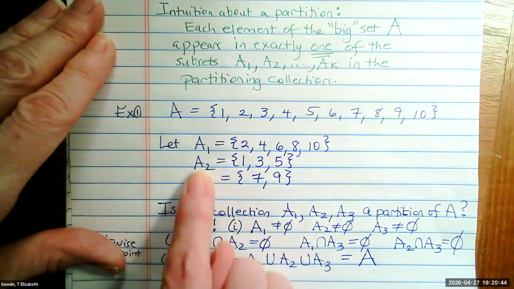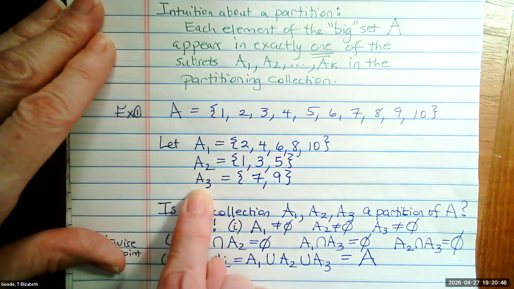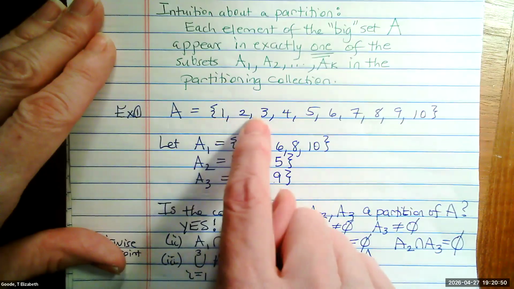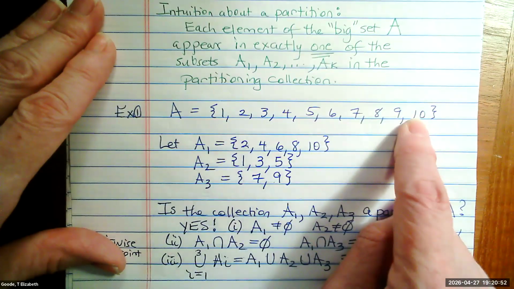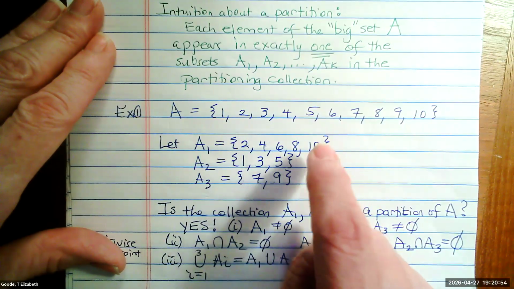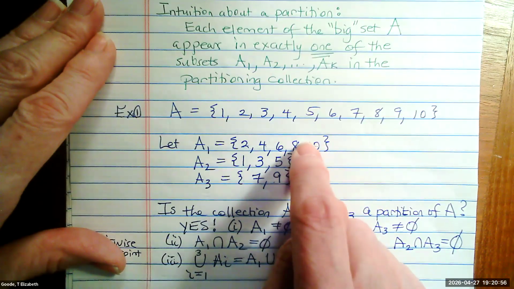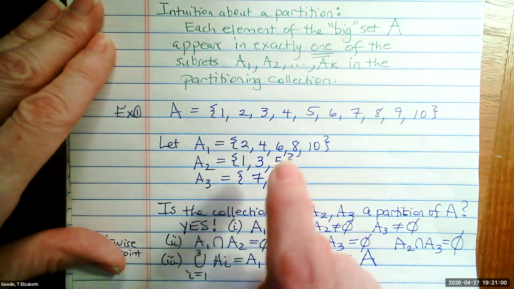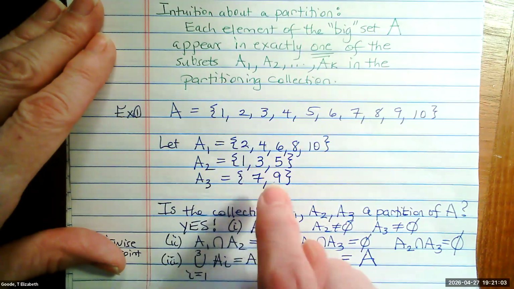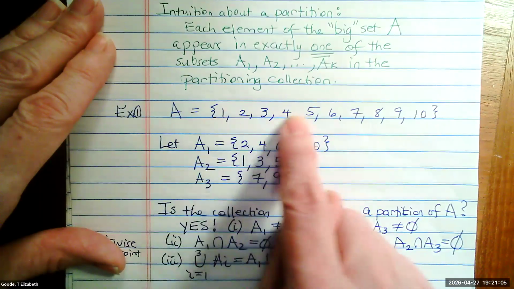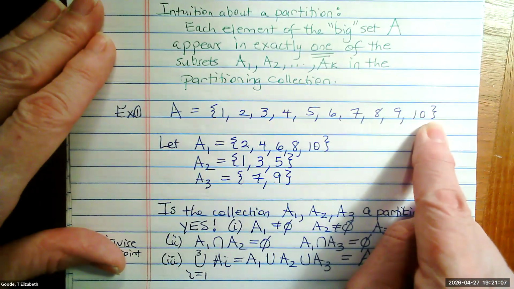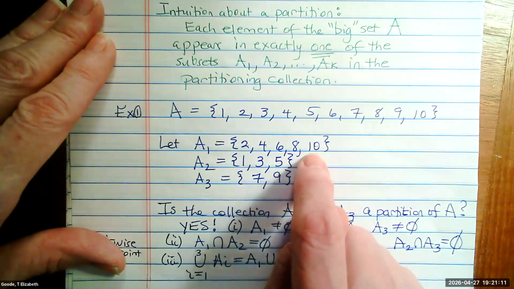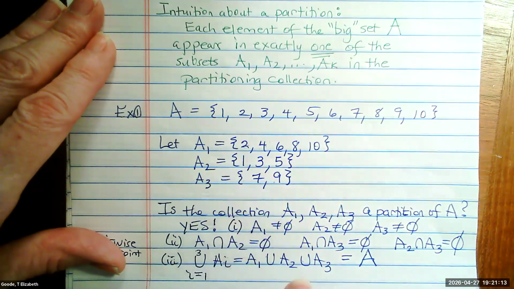This collection of sets is a partition of A if each element of A appears exactly once in one of these. You don't want any element to appear twice, and you don't want to skip any elements. Each element of the big set A must appear exactly once in exactly one of these for it to be a partition.